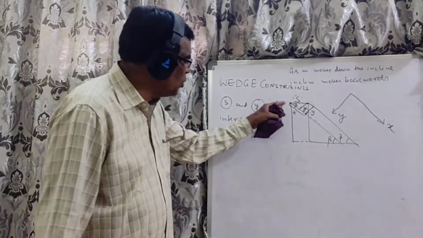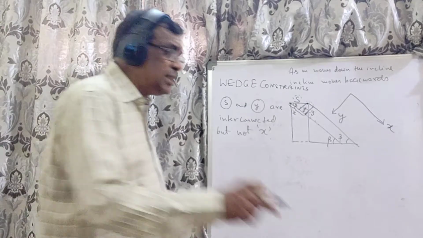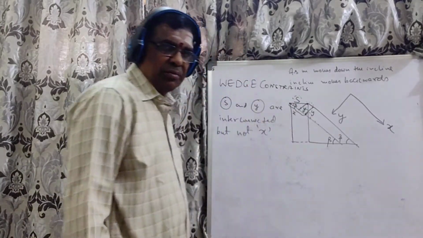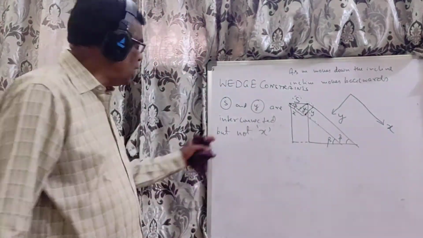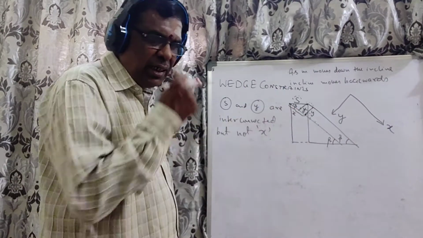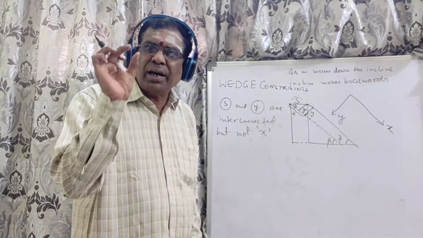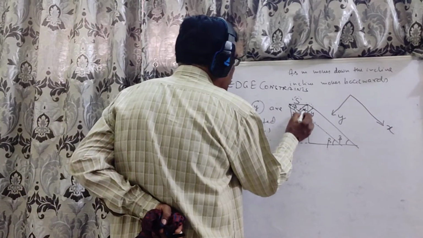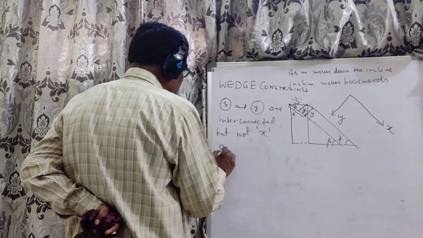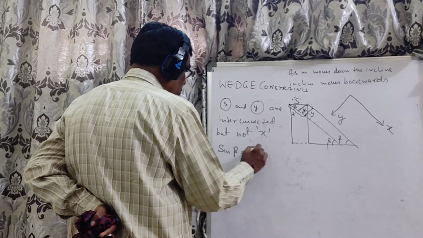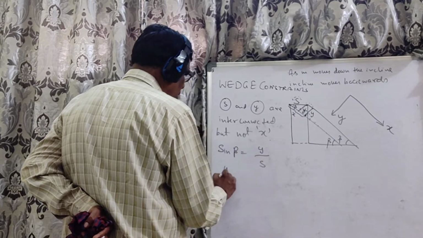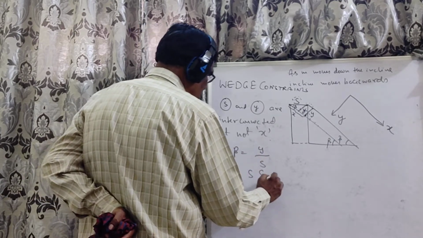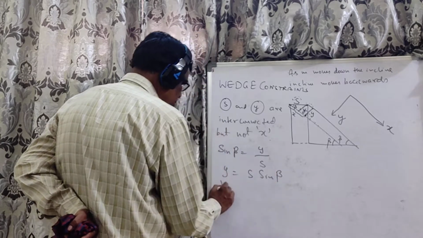Such a relation you can't get for x when x is parallel to the incline. You get the point? So what is the relation? Now try to construct a right angle triangle. That's it. And now sin beta is equal to y by s, or y is equal to s sin beta.